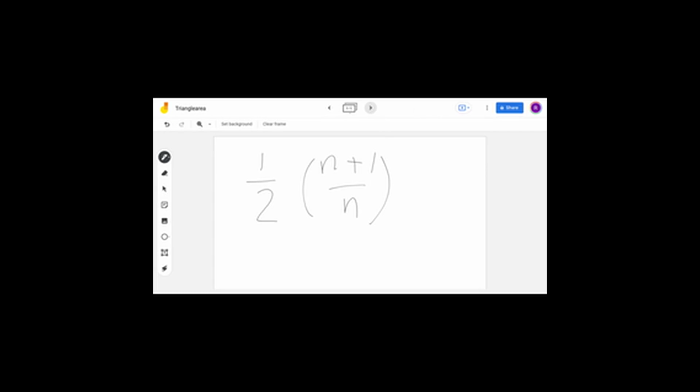Just this part, ignore the half. Let's remove the half. Yeah, when n is 100, it is 1.01. When n is a million, what is it?